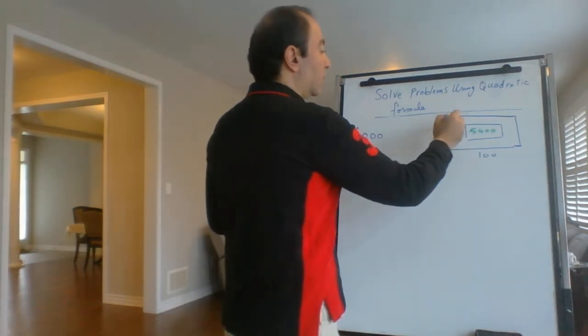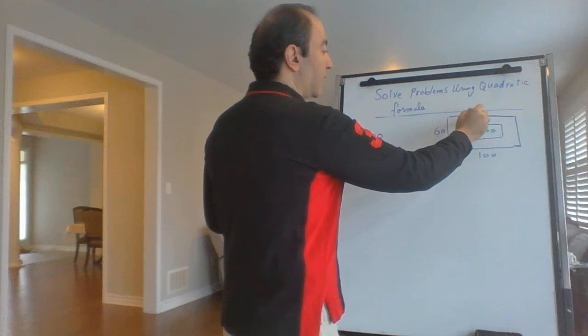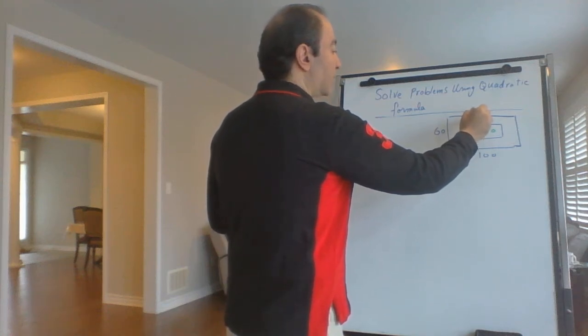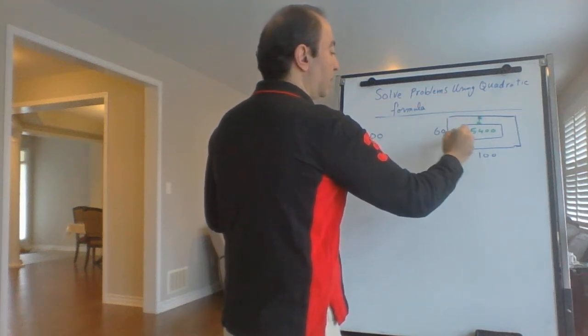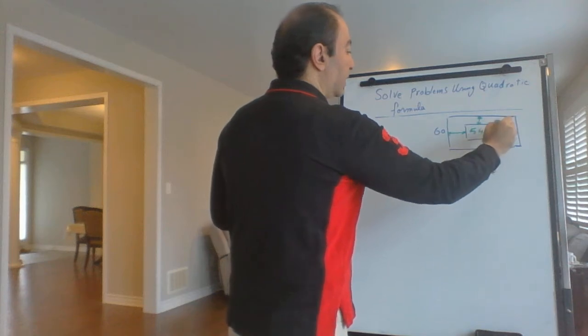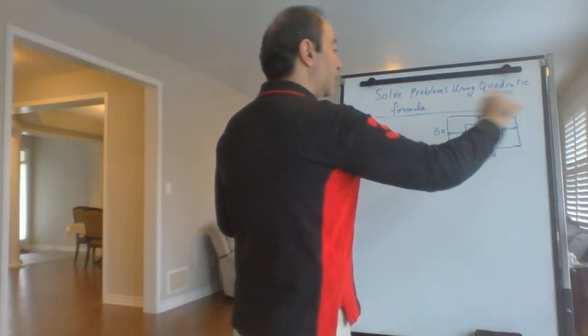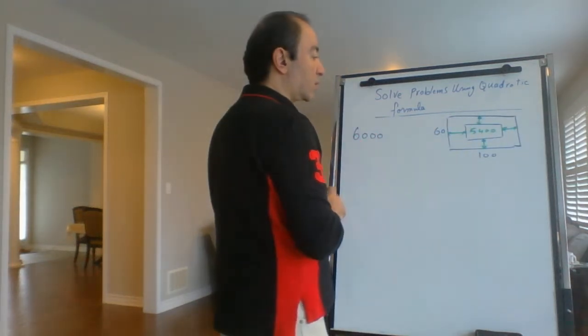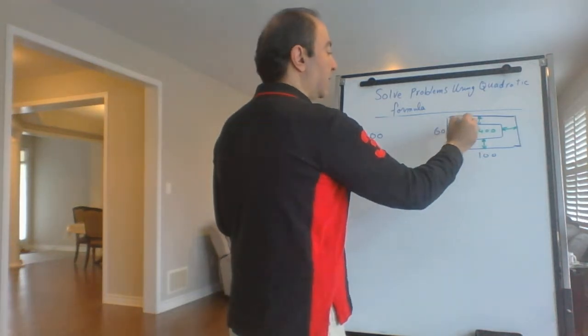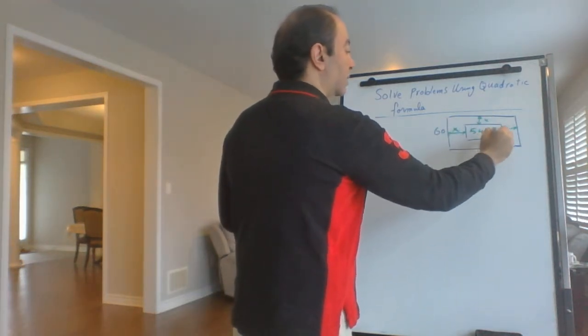Okay, so now they want the width to be equal, the pavement has to be equal in every direction, the path has to have the same width. So let's say that this will be x.